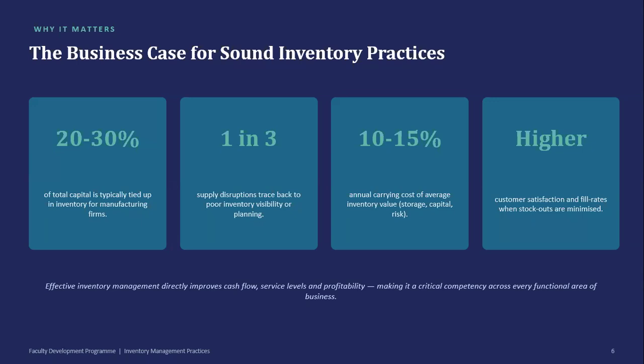Poor inventory planning often results in supply chain disruptions, excess stock, shortages, and unnecessary expenses. Effective inventory management improves cash flow, customer satisfaction, service levels, and organizational profitability. Therefore, inventory management is not merely an operational function, it is a strategic business activity.